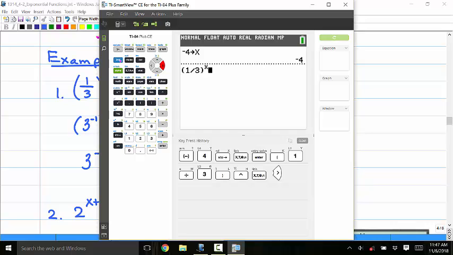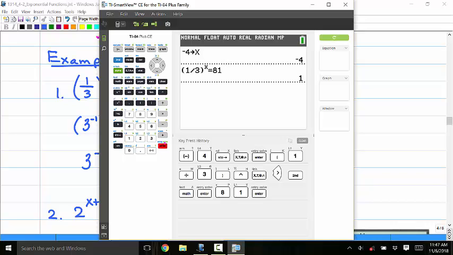Do you remember how you get equal to? Second test and number 1. So all I did was store my answer for x, and I typed in the original equation, yes? When I hit enter, if I get 1, that means that is a true statement.